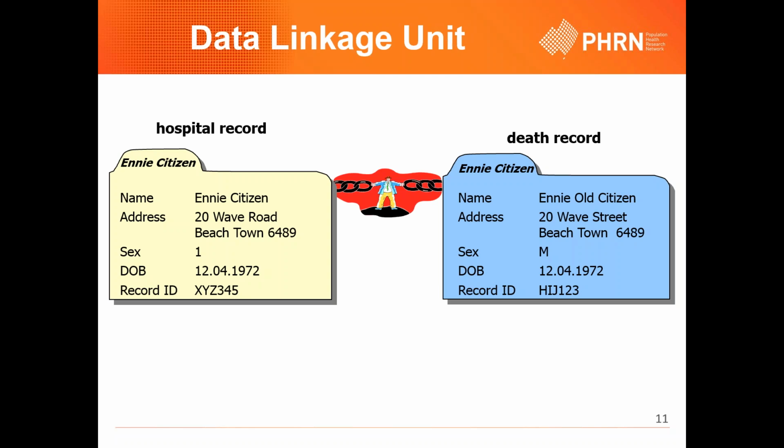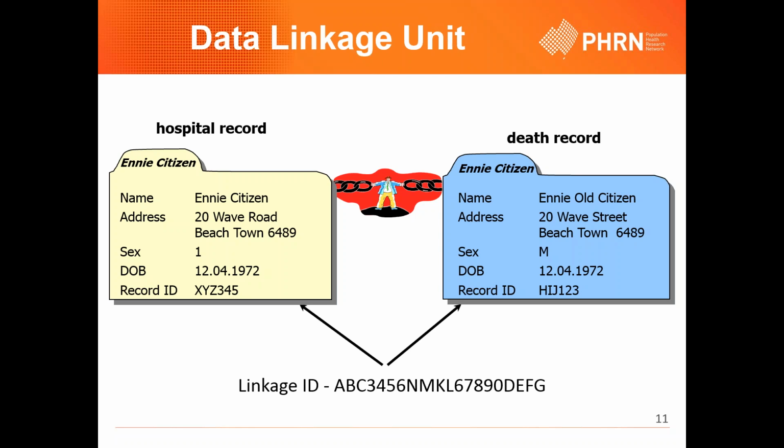Now, if they had never seen any citizen before, they create a new, what we call linkage ID for any citizen, which is just a unique person-specific alphanumeric number for any citizen. If they had seen records from any citizen before, they just would have used the existing number for any citizen.